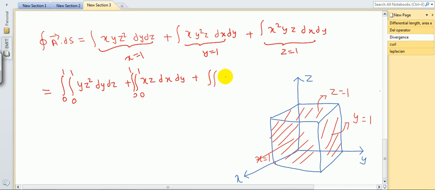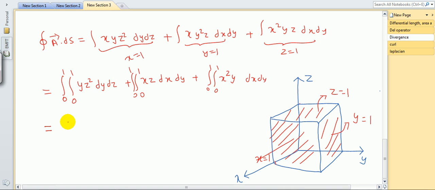Here also I will take a double integral, and here I will put z equals to 1, and the x square y z, with limits 0 to 1, 0 to 1 for dx dy. z equals to 1 I have put, so z will go. So I have to solve this now.